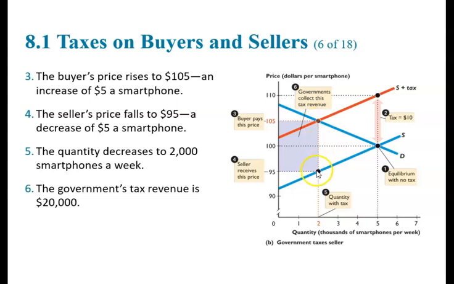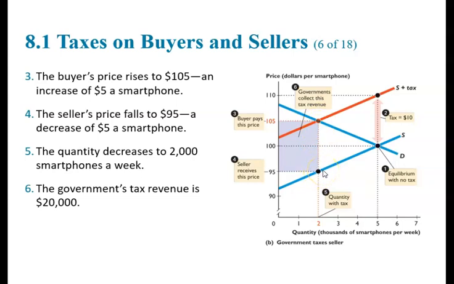Sellers only receive $95 per smartphone, simply because for every smartphone sold, $10 is taken away by the government. So $105 is paid by the buyers while $95 is received by the suppliers.